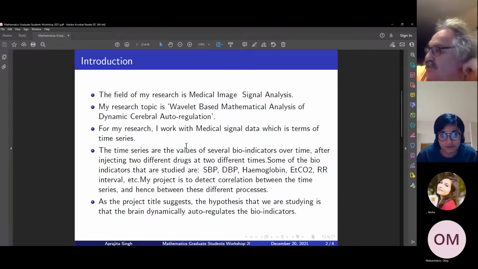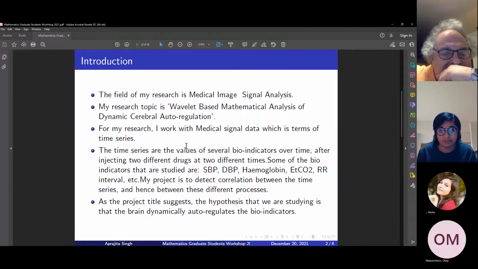For my research, I work with medical signal data, which is in terms of time series. The time series, which is my data, are the values of many different bioindicators over time. These have been obtained after injecting two different drugs at two different times in several different patients.